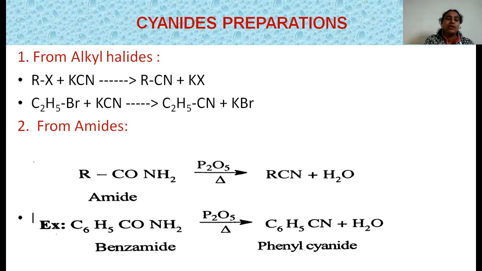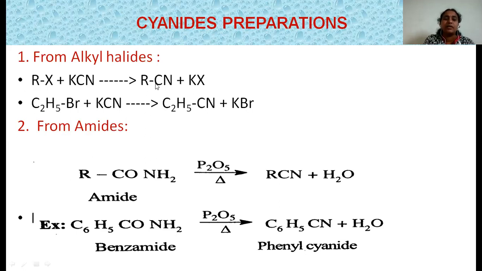A nucleophilic substitution reaction is one in which one nucleophile is substituted in place of another nucleophile. That is, X, which is a nucleophile, is replaced by the cyanide nucleophile, which finally produces the alkyl cyanide.